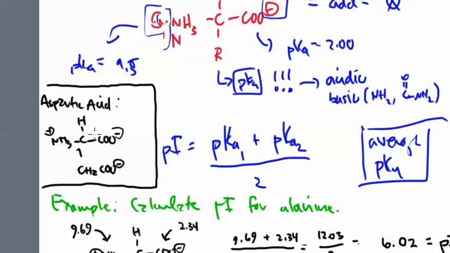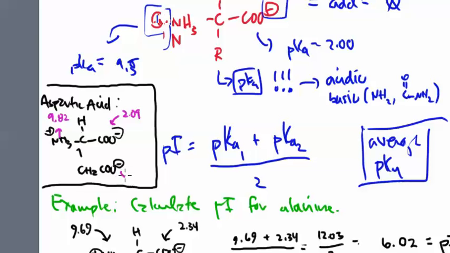Okay, so this is one of those acidic amino acids that we had in the bunch. And if you look at the pKa values for aspartic acid, you will see that the pKa of the COOH group in that table is 2.09. And then you'll see the pKa value for the amino group for aspartic acid, and this is 9.82.